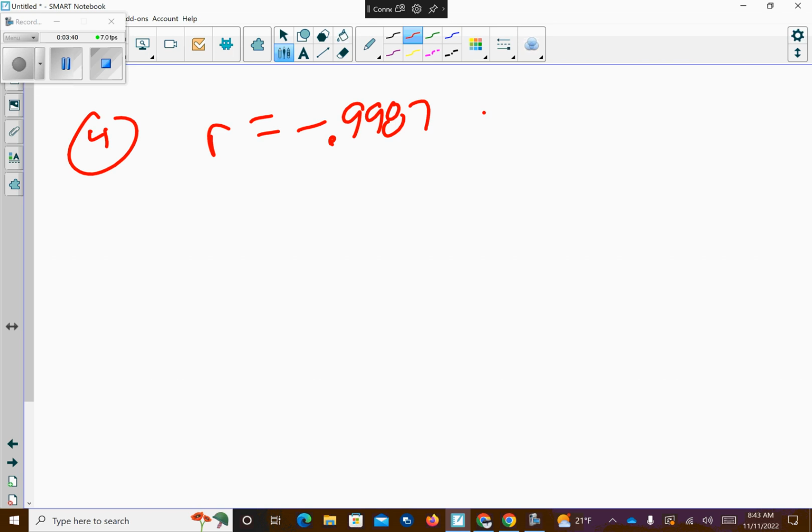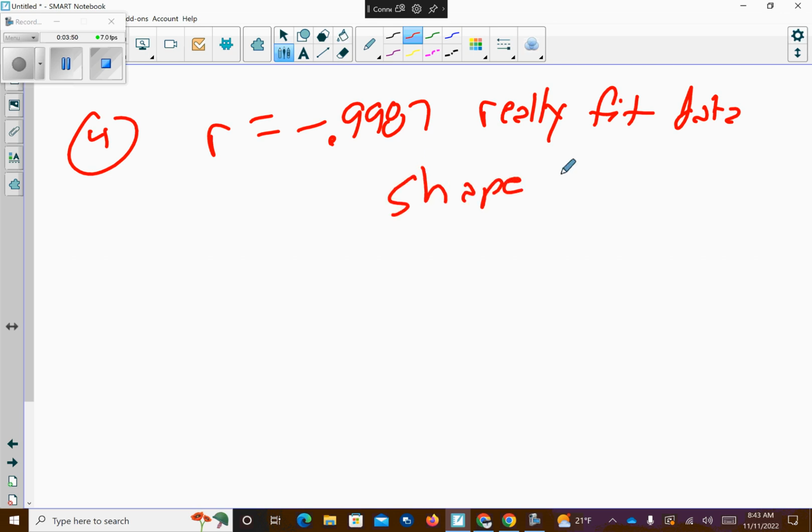Okay, so that's a really good fit of data, but there is a shape that comes with the residual. And remember, my friends, the residual plot, the one that's above and below the x-axis, we don't want any type of shape to it. We want it to just be randomly scattered.